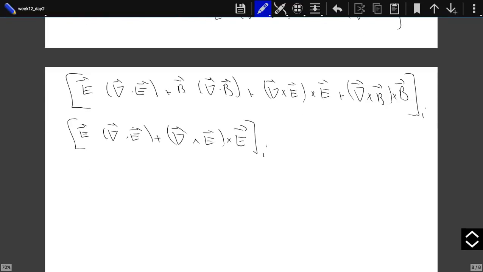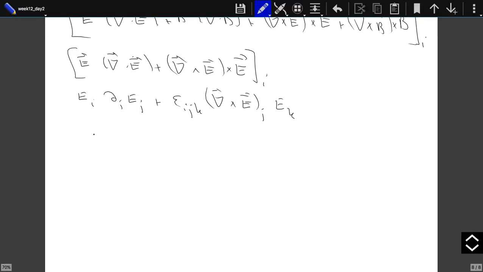The i component, because whatever expression I obtain for this one, I can just write it for the other two terms by just replacing E with B. So this is E_i ∂_j E_j plus ε_ijk (curl of E)_j E_k.